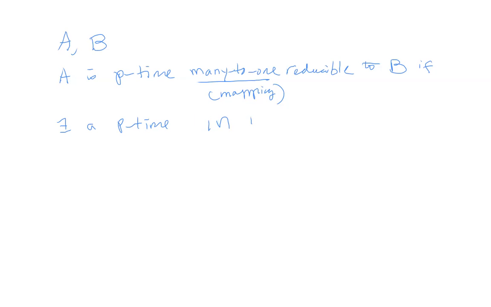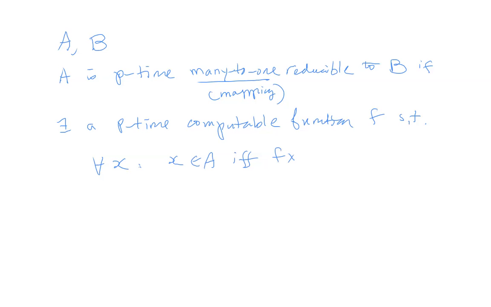There is a P time computable function, let's call it F, which means there is a deterministic Turing machine that computes F in polynomial time, such that for all instances X of A, if X is a positive instance, then F of X, which is a mapping, is a positive instance of B, and vice versa.